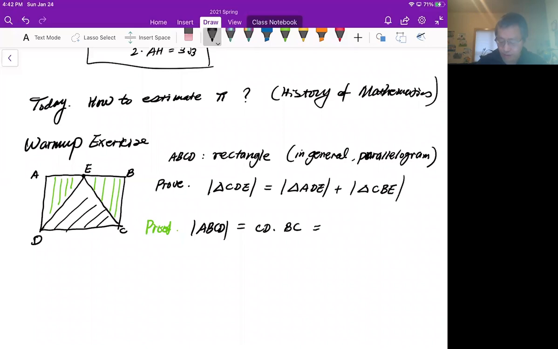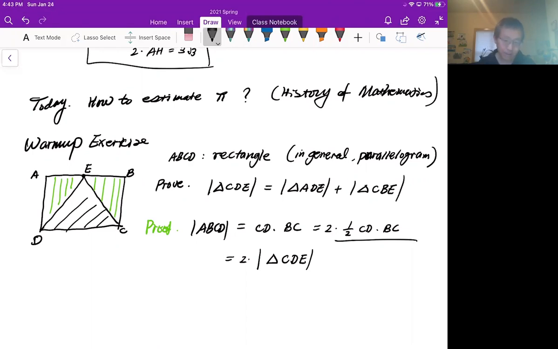And then I can write that as 2 times, where I get a 1/2 here, CD times BC. I can write the 2 times here, but what is this guy? Well, this guy is just a triangle, the area of the triangle CDE. So the area of the entire rectangle is twice the area of that triangle.